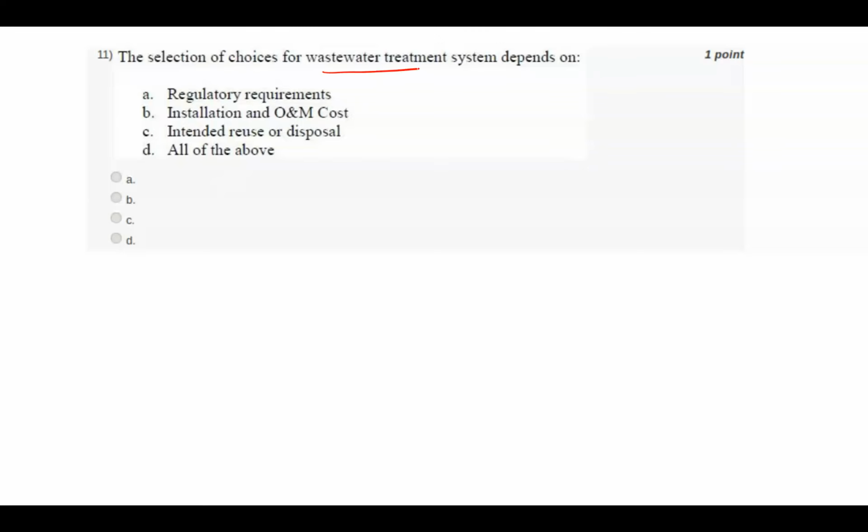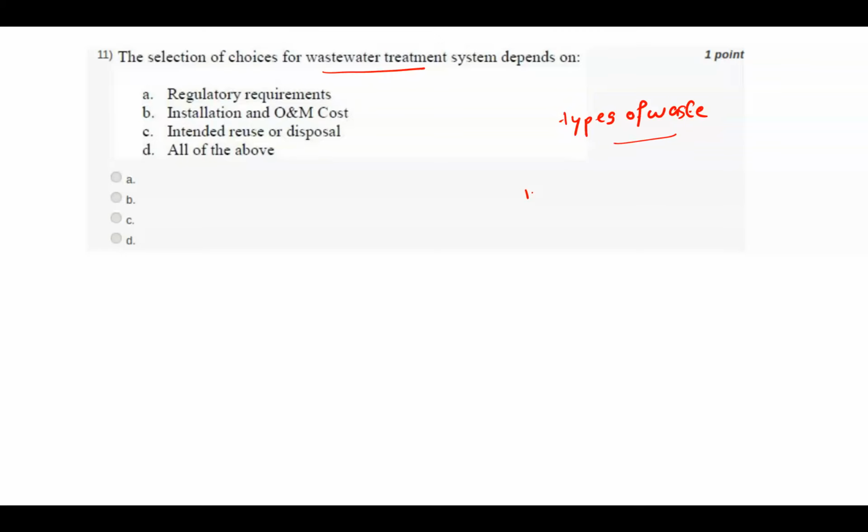So when we go for a wastewater treatment, first of all, we should know the design. We have to analyze, and for the design we should know what type of wastewater we are going to treat.